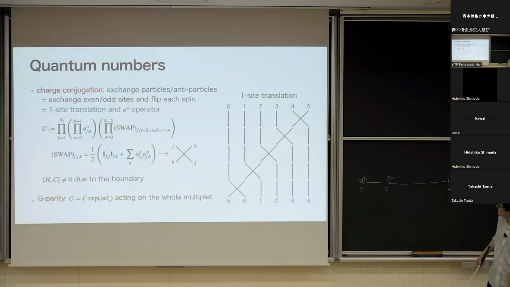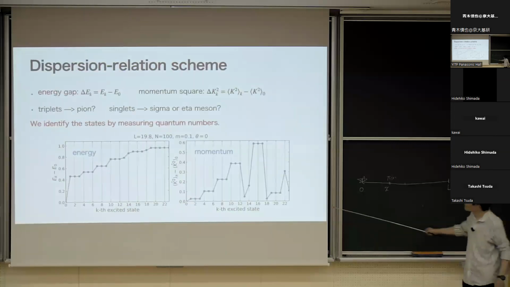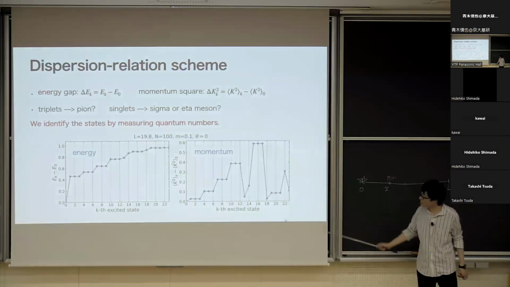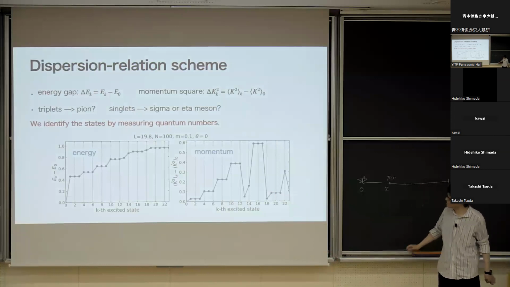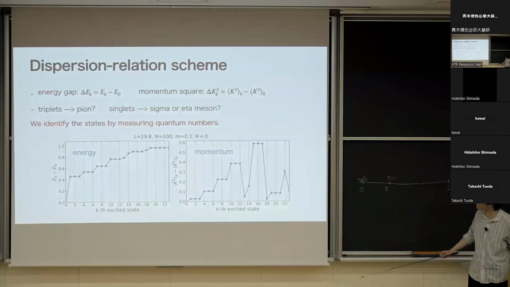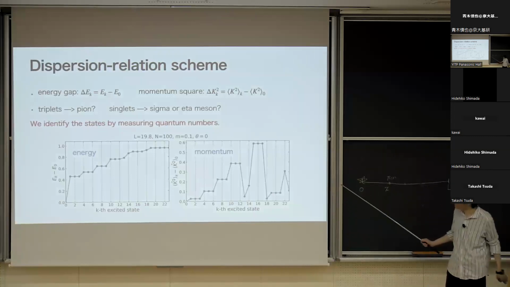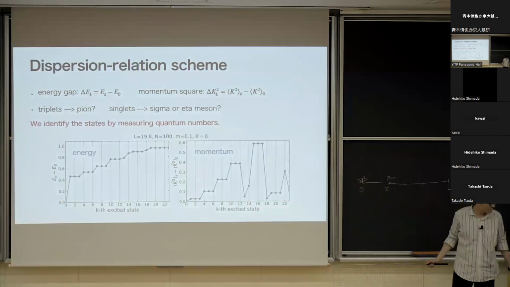So maybe this state corresponds to an isospin 1 state, from the combination of 2 isospin 1 states, I think. I think it has the same quantum number as pion. Yeah, it's also possible that the singlet states appear somewhere around.